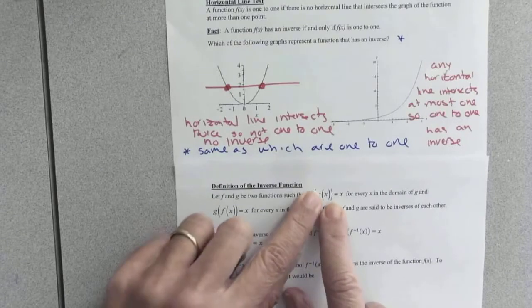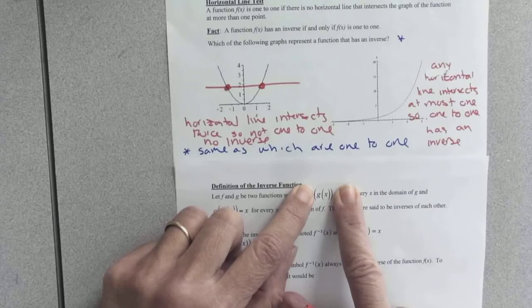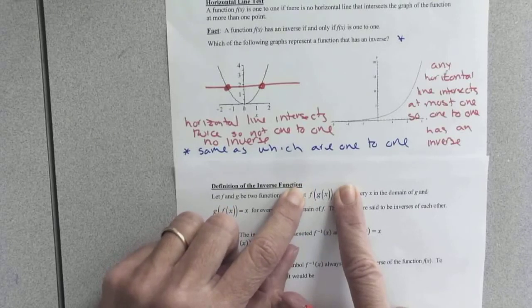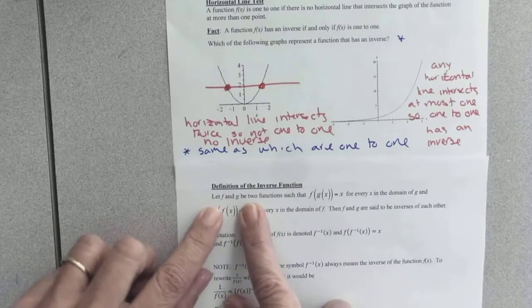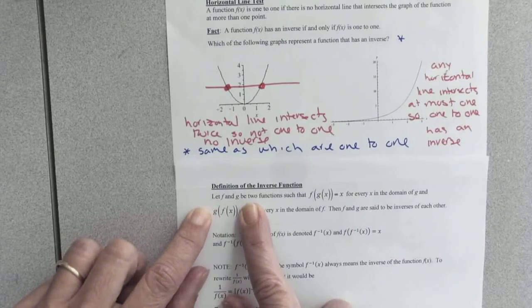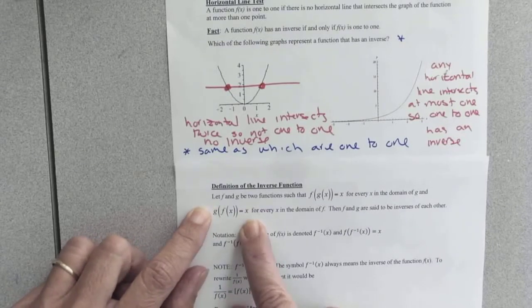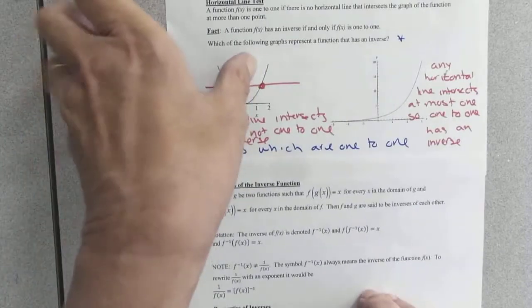What this one is saying is start with a number x, apply g, get that answer, apply f, and it goes back to your original number x. And then the same thing down here. Start with a number x, apply f, get that answer, apply g, and we get back to x. This is the mathematical way of saying that those two functions undo each other. And when two functions undo each other, you have inverses.